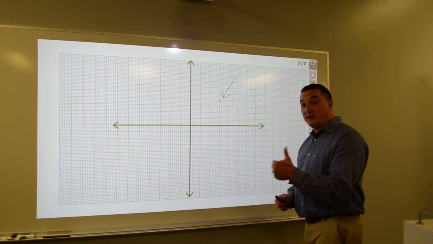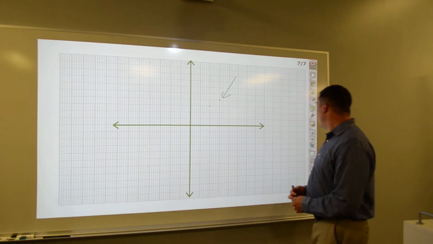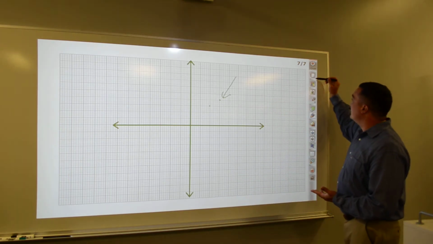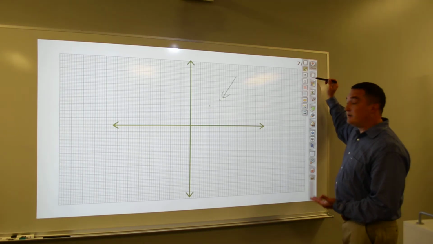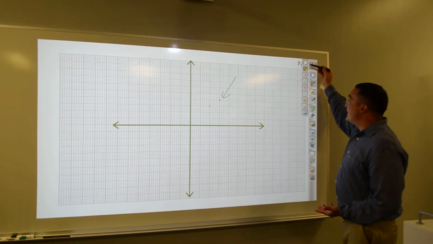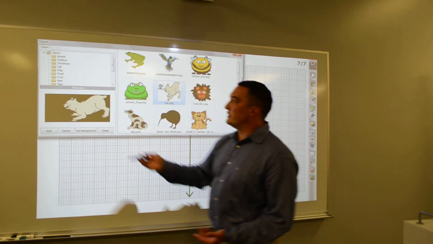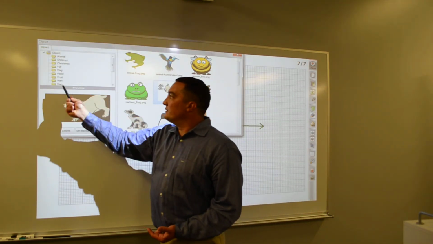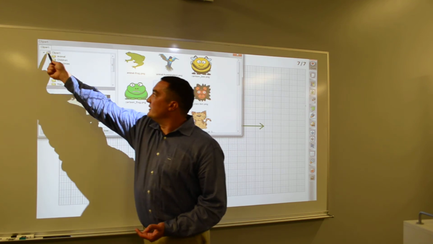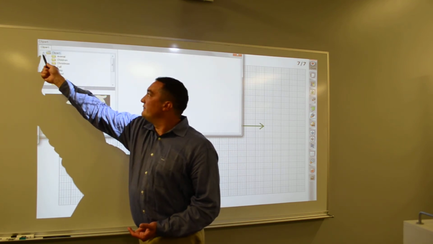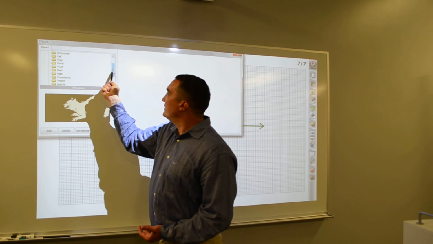So we've talked about ink, we've talked about shapes, and a final way to add content, we're just going to go to this top icon where I was able to add pages and backgrounds, and we're going to go to clip art. And again, in clip art, there is a folder with categories. I can expand or collapse that little arrow.